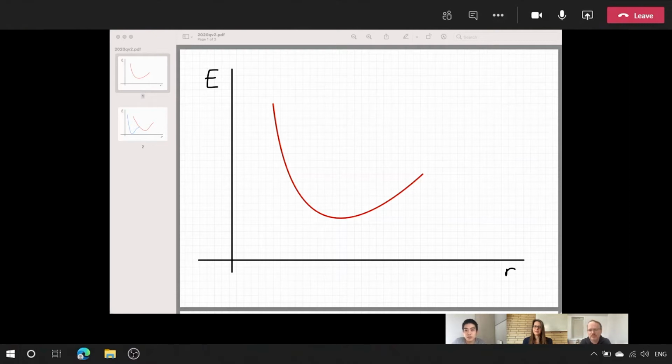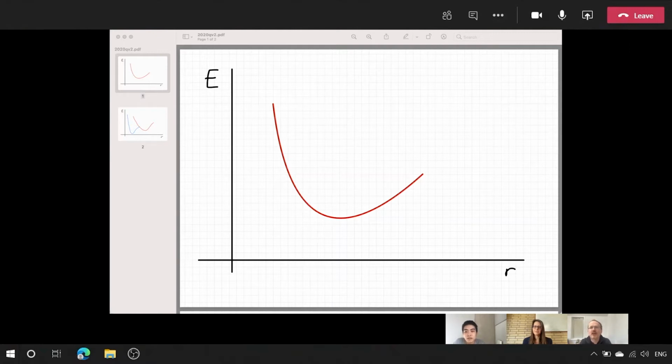That means the force is trying to bring the two atoms together back to that equilibrium separation. But if the two atoms come closer than that separation, the force would become repulsive to try to get the two atoms apart and again back to that equilibrium separation. Yeah, I absolutely agree with all of that.